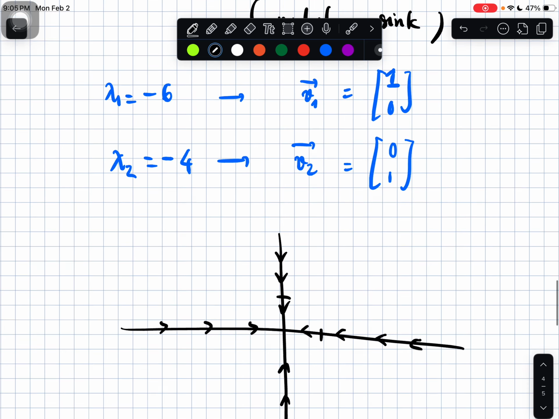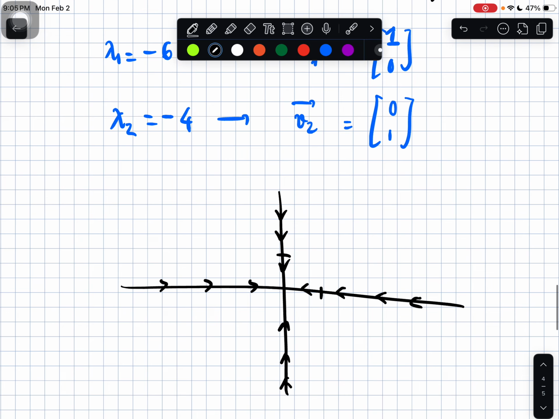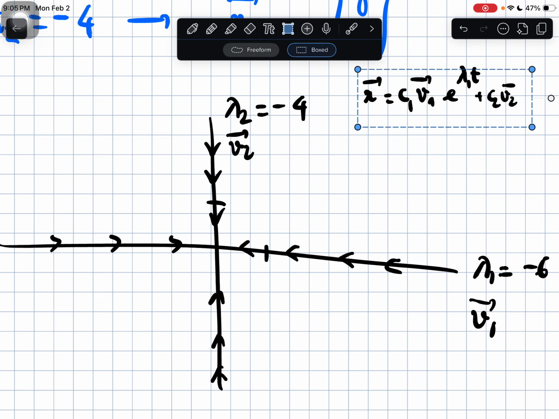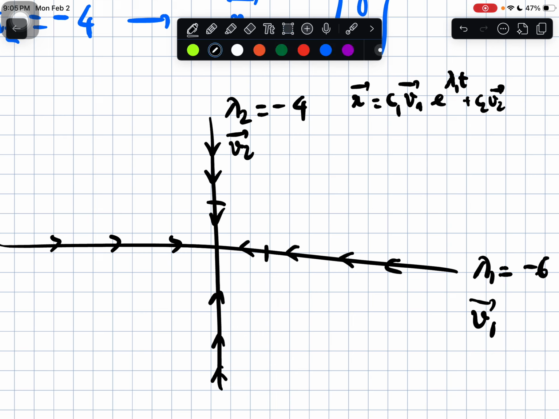Now we have (1, 0) corresponding to lambda 1 equal to minus 6, and (0, 1) corresponding to lambda 2 equal to minus 4. The general solution is C1 v1 e^(lambda 1 t) plus C2 v2 e^(lambda 2 t).